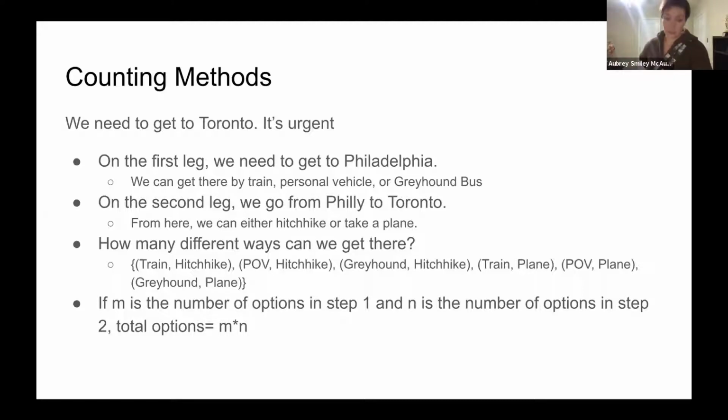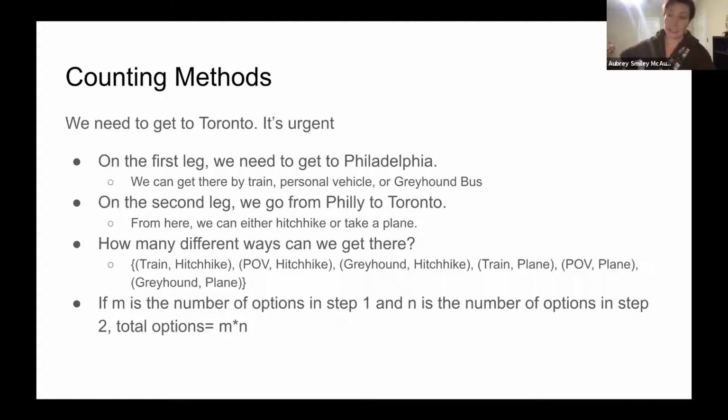And how many different ways can we get there? So there I listed out all of the possible, in this case it's a permutation because order matters. So there are 6 options, but when you get to many legs of many trips or where there are many options, it's not really feasible to just list out all of the possible combinations.